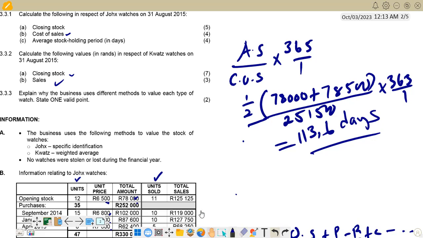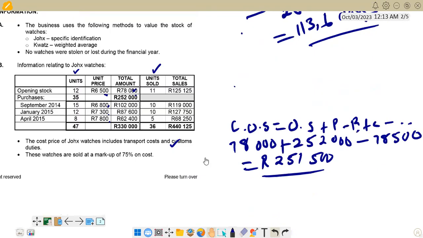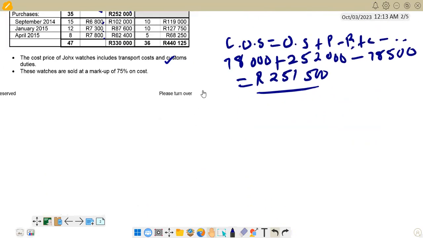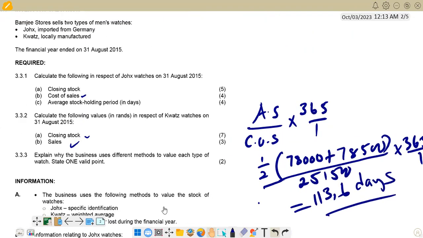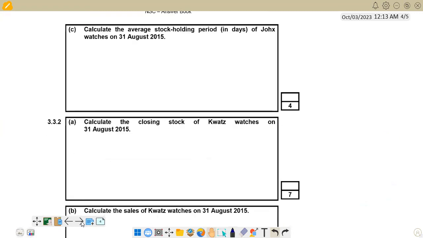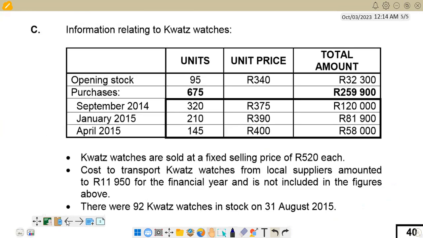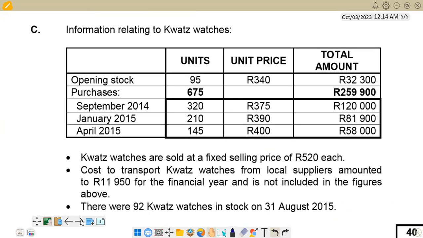Let's move the page upwards. Right. We have the information for quartz.